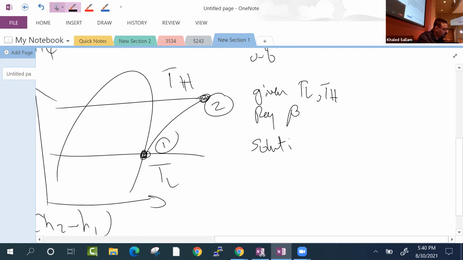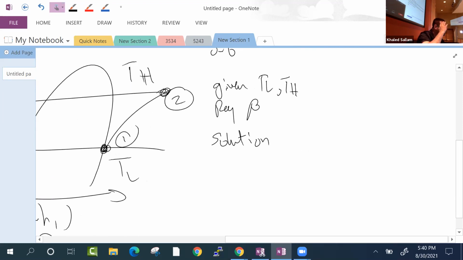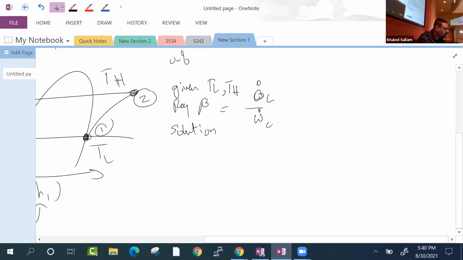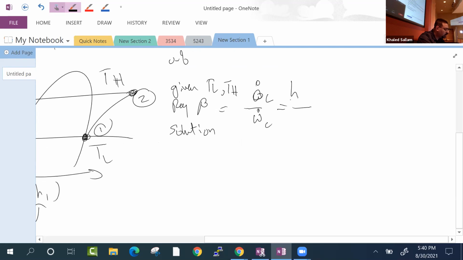When you see something like this, your head is going to the equation. The main equation to get beta is basically what? Work over Q? No, it's Q low over work, right? Which will translate to H1 minus H4, and the term at the bottom, the compressor work, is H2 minus H1.